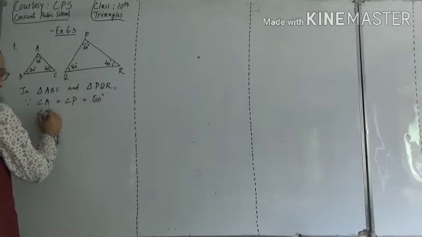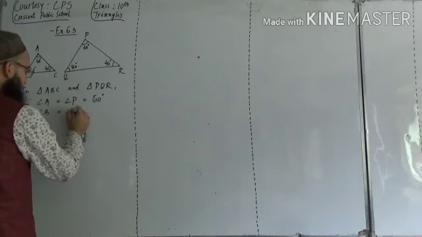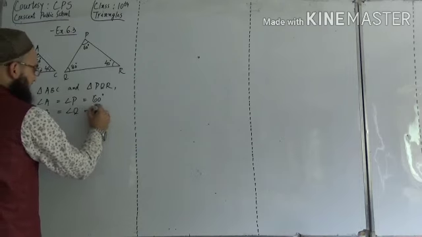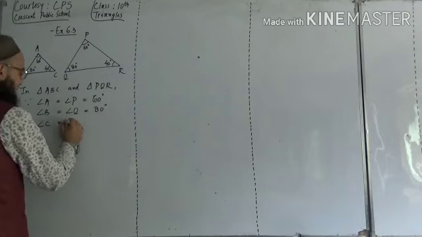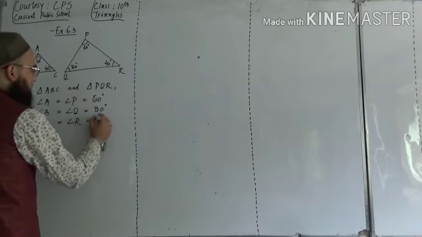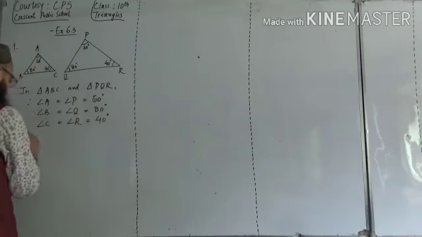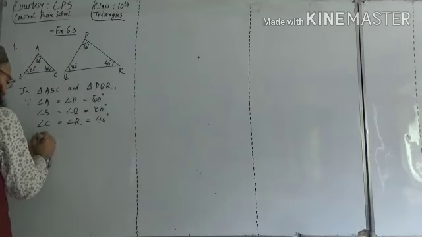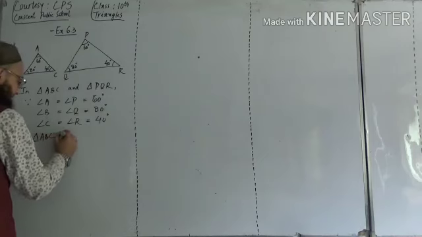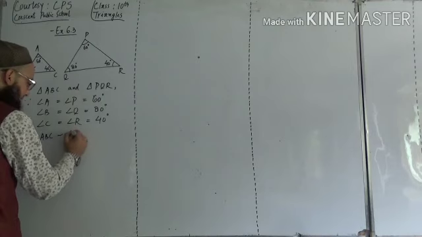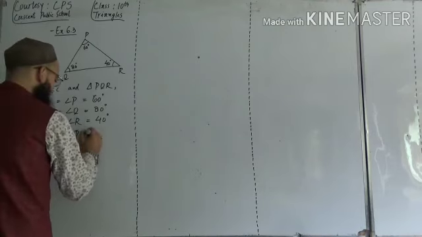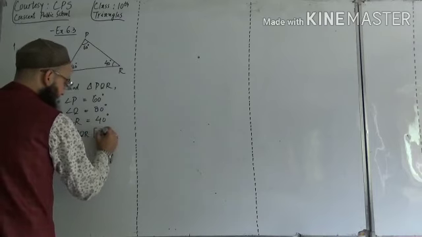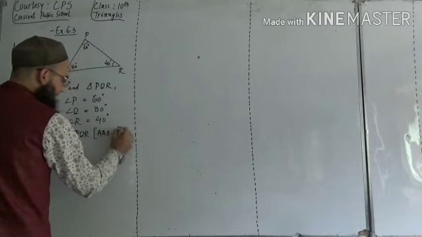Angle B is equal to angle Q, 80 degree both. Angle C is equal to angle R, both are 40 degree. Therefore, you can say triangle ABC is similar to triangle PQR by angle similarity criterion.